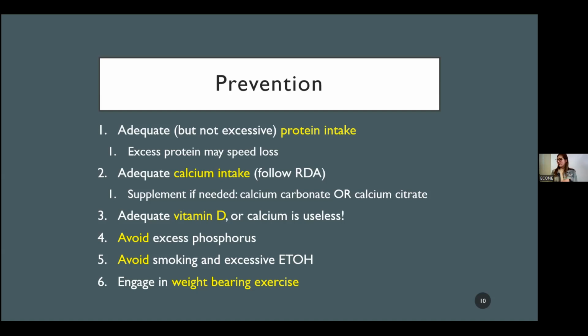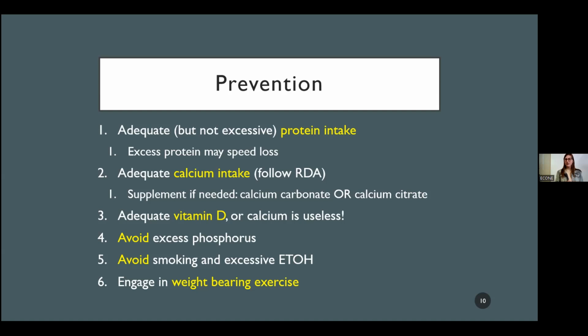And so in the absence of adequate calcium, if you have too much protein, it will actually stimulate bone loss. So of course, going hand in hand with that, you need the adequate calcium intake, and you'll follow the recommended dietary allowances, which Kaitlyn will talk to you about later, the RDAs for each age group.